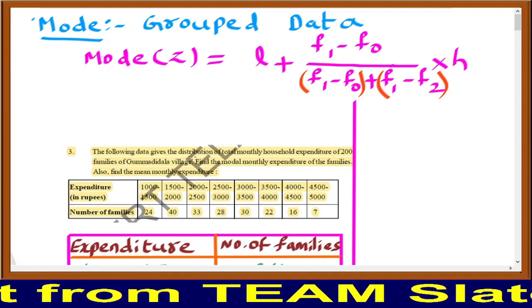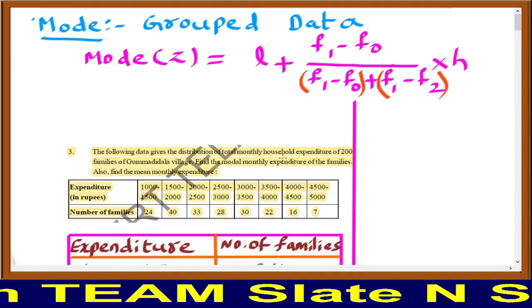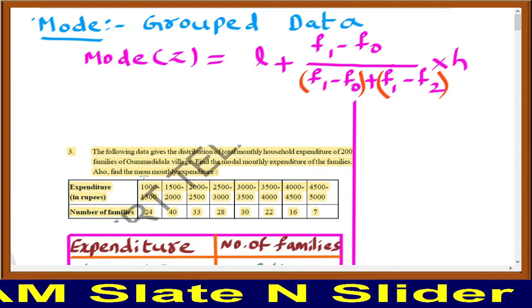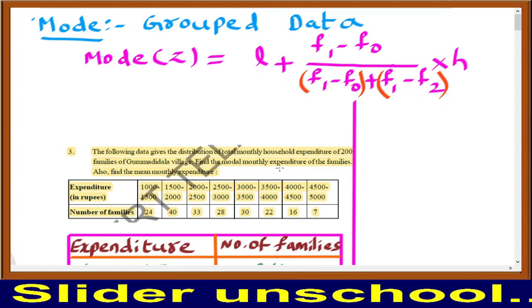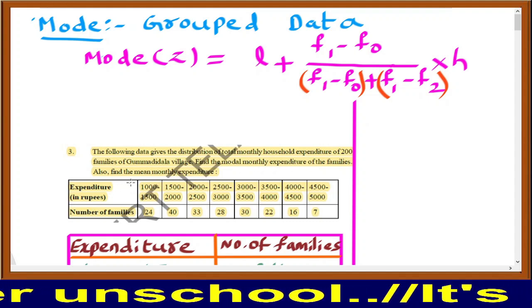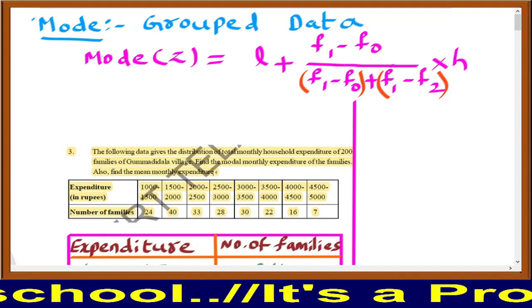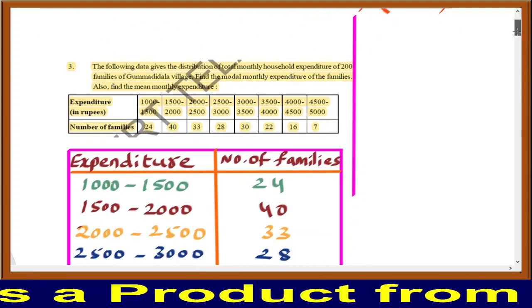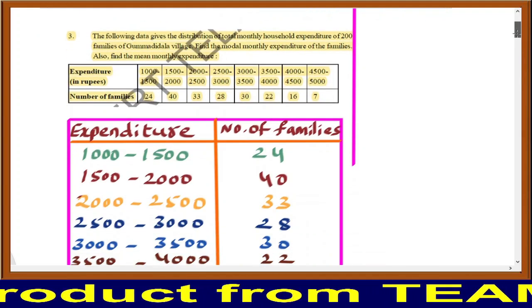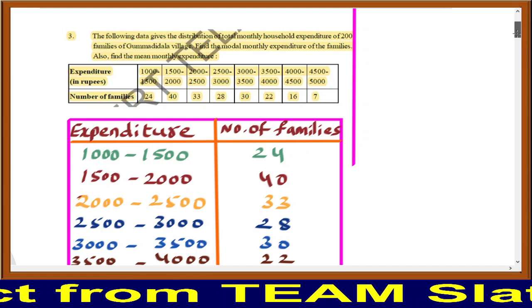The following data gives the distribution of total monthly household expenditure of 200 families of Gummadidala village. Find the modal monthly expenditure of the families and also find the mean monthly expenditure. For this question we have to find the mean and the mode, but here we will find only the mode.